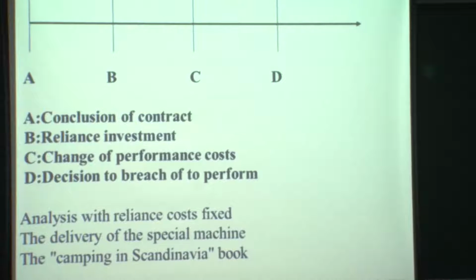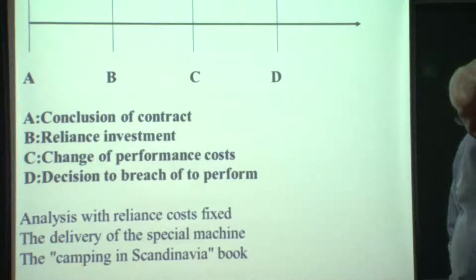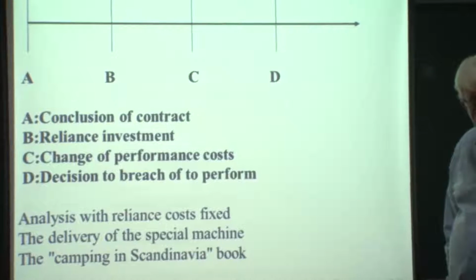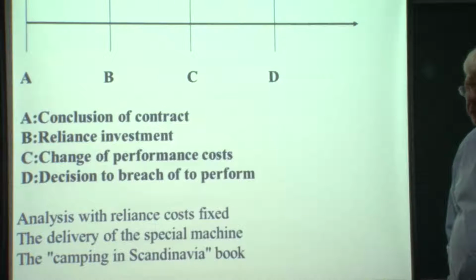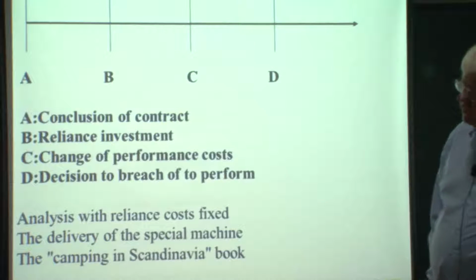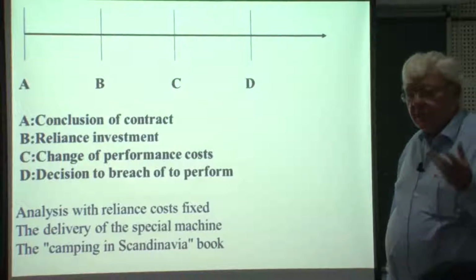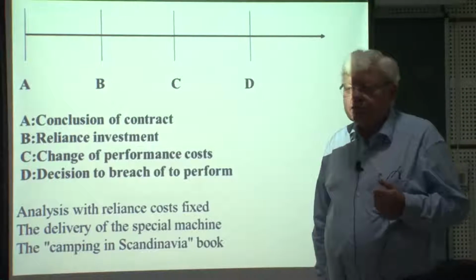The oil company has ordered a drilling machine from a machine producing company for the price of 100, and the costs are 80, and the value of the drilling machine for the oil company, because it makes profit, is 150.